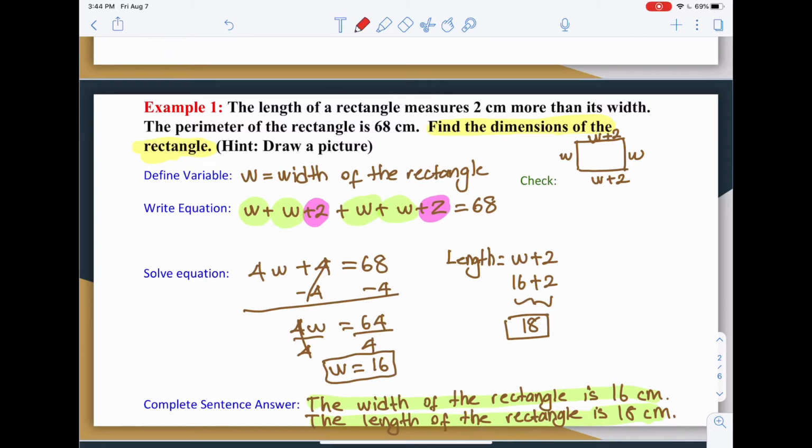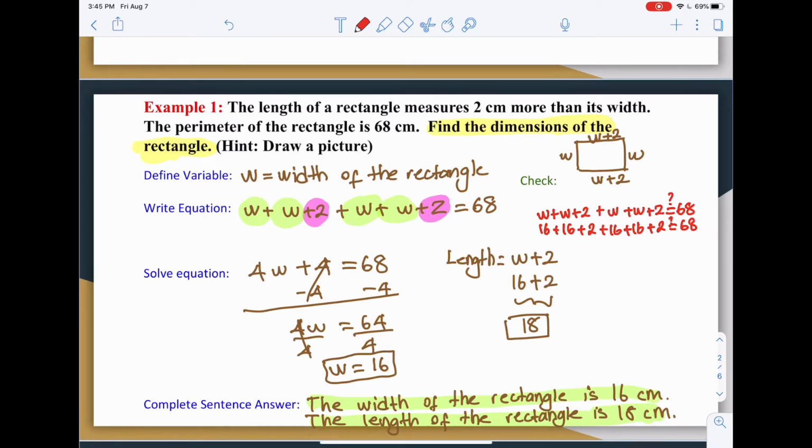Okay, let's check it then. I'm going to write the equation W plus 2 plus W plus 2 equals 68. And I'm going to plug in 16 plus 16 plus 2 plus 16 plus 16 plus 2 equals 68, or not. That's what we're checking.